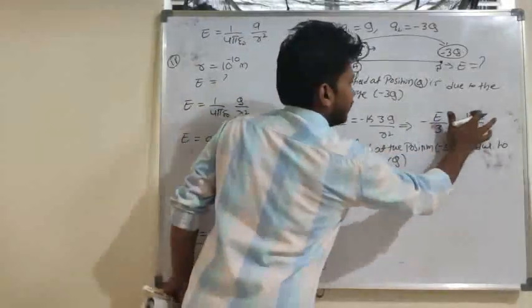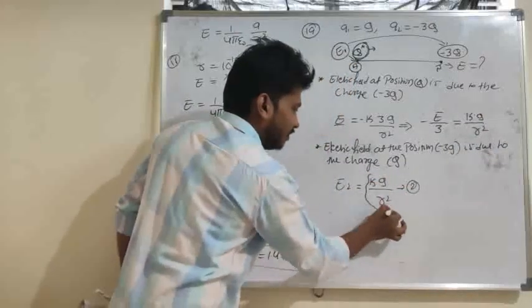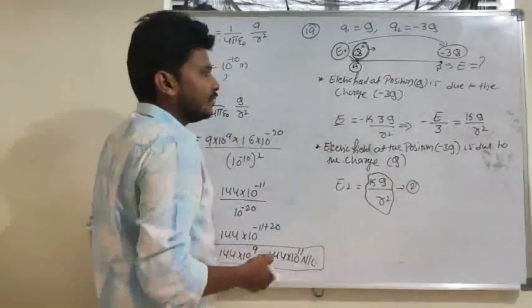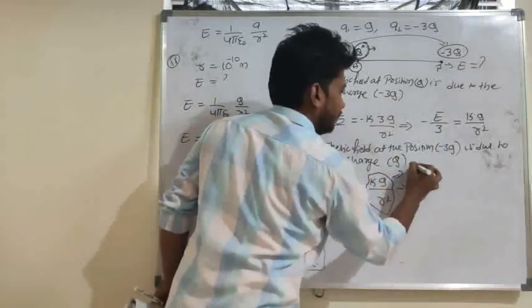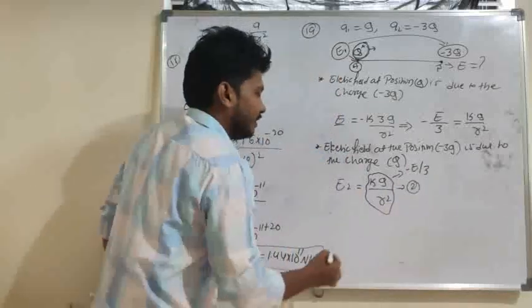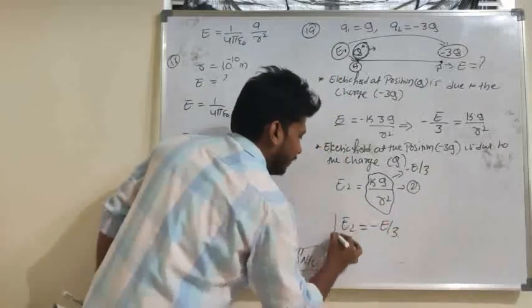So minus E by 3 is equal to K into q by R square. Here K into q by R square means I can take it as E by 3, so that is minus E by 3. So E2 is equal to minus E by 3.